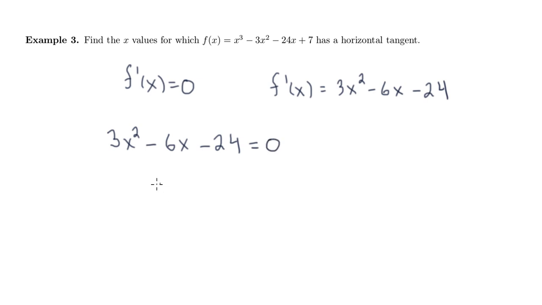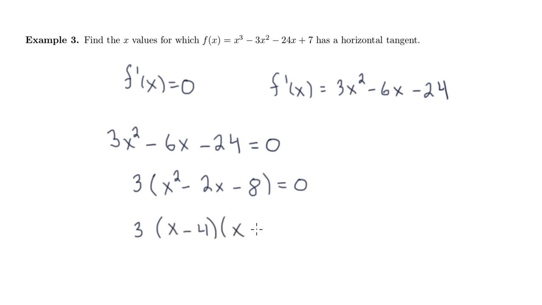So one thing we can do right off the bat is factor out a 3. And that'll help us try to see if we can factor this quadratic function. So that's x squared minus 2x if I factor out a 3, and then minus 8 equals 0. Okay, and I see that this actually factors. So this is 3 times x minus 4 times x plus 2.